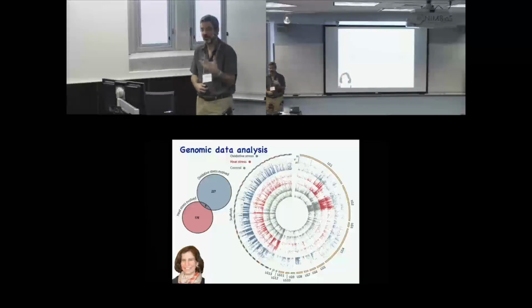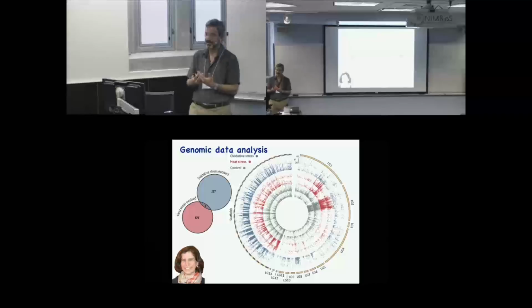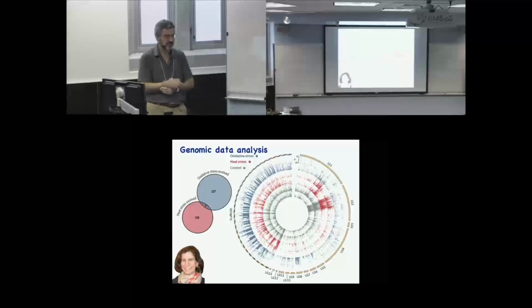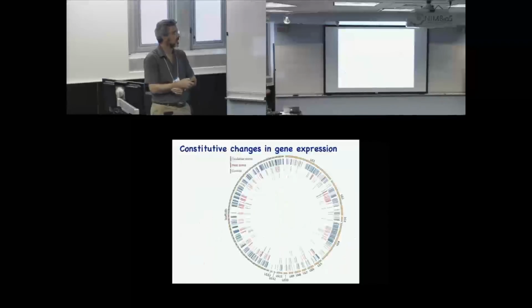So this is one way of using this approach to actually test this hypothesis of pleiotropy, is to do the selection and then see whether or not there's correlated responses to selection. So we don't see that.